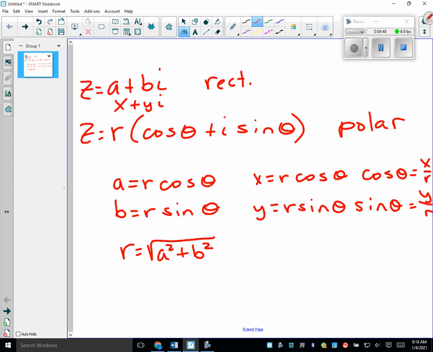Do you remember tangent of theta is b over a? Is it tangent theta y over x? Just switch letters. Okay, this is kind of all the information you have to remember. You ready to do it? Sure.